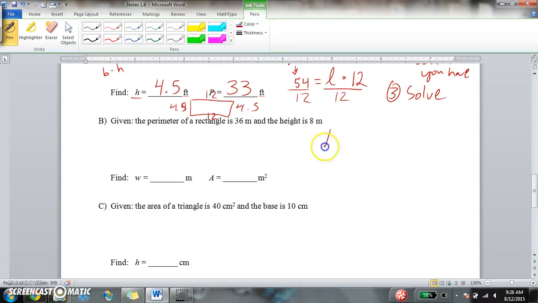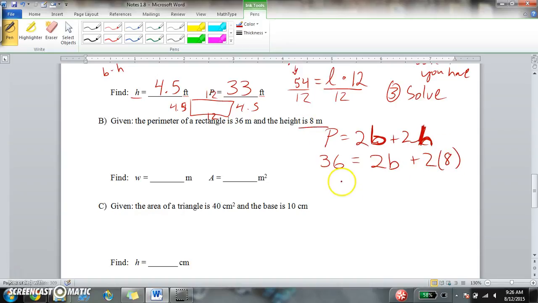Well, perimeter of a rectangle is 2 times the width plus 2 times the length. So plug in what you have. You have that the perimeter is 36. You've got that the height, or so we can change this to base and height. Like I said, those are interchangeable. So 2 times the base plus 2 times, it tells us the height is 8. 36 would equal 2 times the base plus 16, 2 times 8.